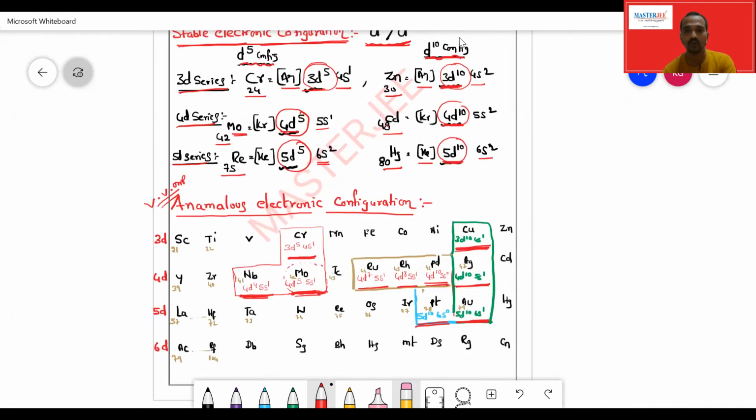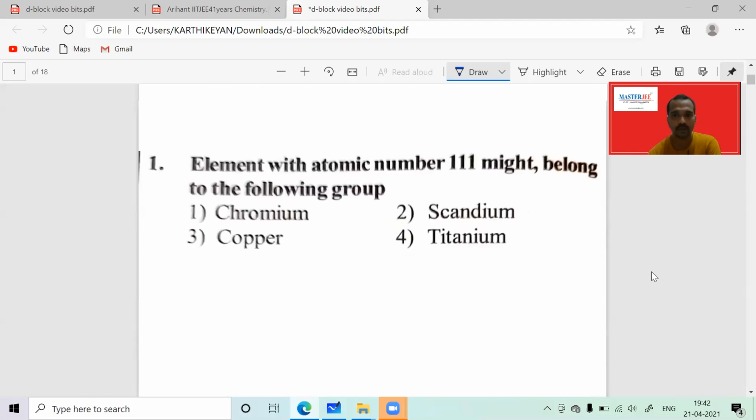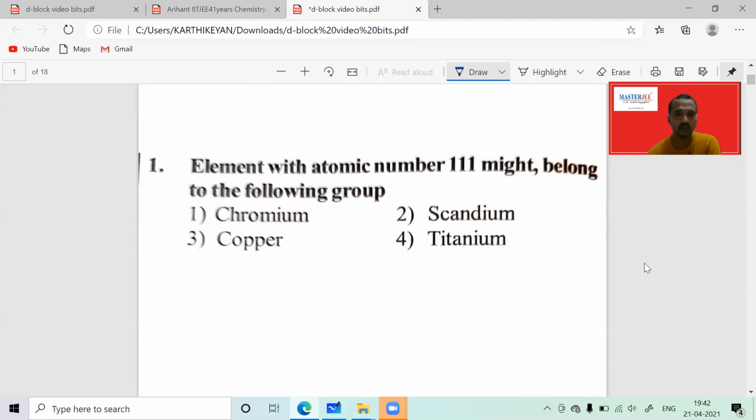Next, we are going to discuss some objective questions. Question: the element with atomic number 111 might belong to which group?